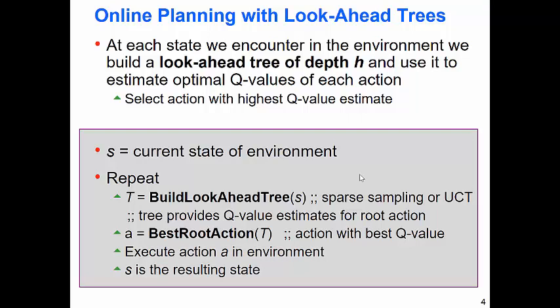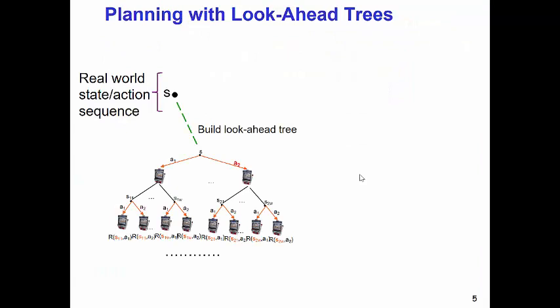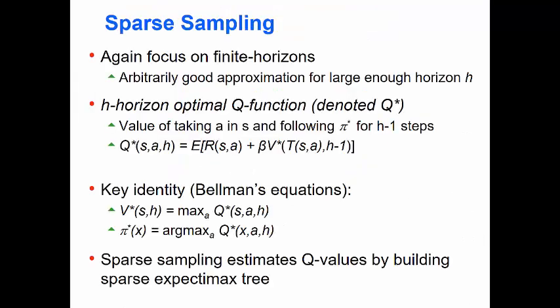But what we're going to be doing, and I'll just show you a picture of this, is effectively at every state of the world, we're going to be building this look-ahead tree, right? And we're going to call this an expectimax tree.